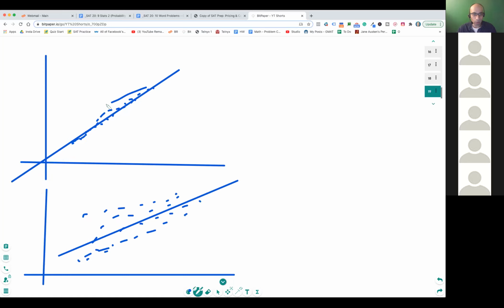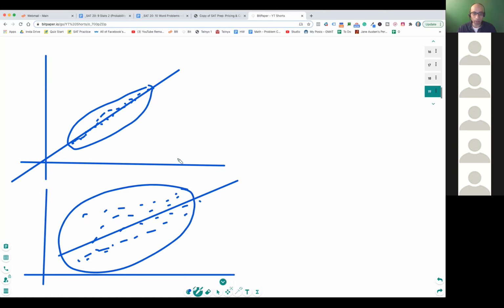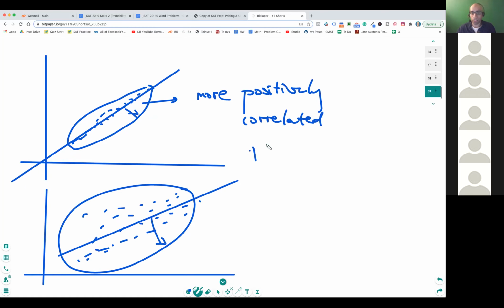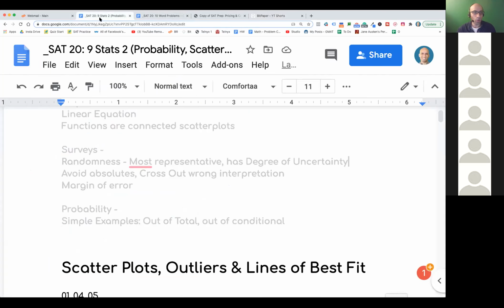This one is super thin, and this one is thicker. So if it's thicker, this one is more positive, or you can also say more positively correlated. There's a way to think about it called R squared, but the SAT never asks about that. Okay, so super simple. Let's get started with a problem here.